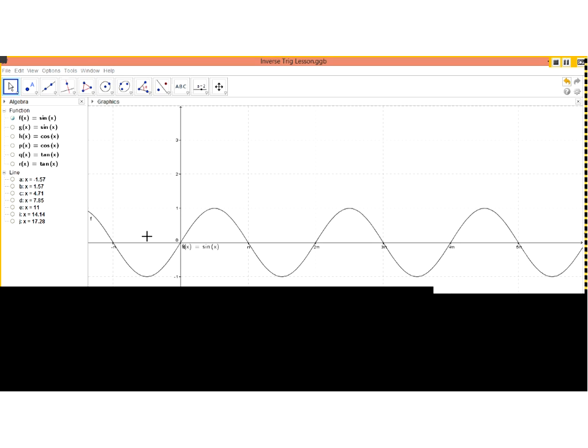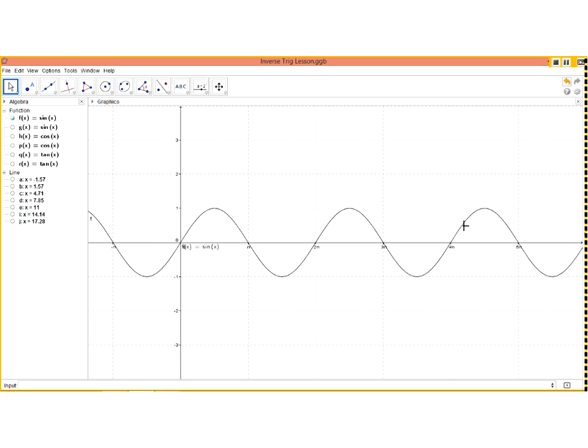And we can see that it's not one-to-one. One-to-one means it passes the horizontal line test. So if I go through here in a horizontal fashion, I hit sine an infinite number of times. So it's not one-to-one. What I need to do is restrict the domain of sine so that it is one-to-one.